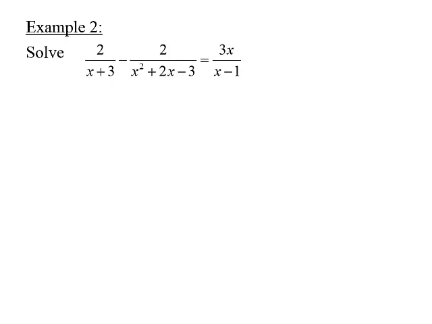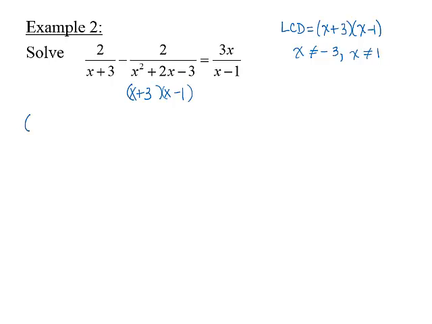We need to factor the x squared plus 2x minus 3. That factors as x plus 3 times x minus 1. The least common denominator is the product x plus 3 times x minus 1. The restrictions are that x cannot be negative 3 and x cannot be 1. Now we multiply each side by the LCD.